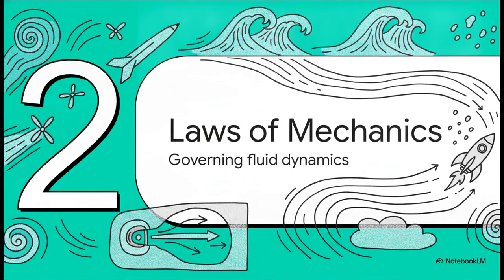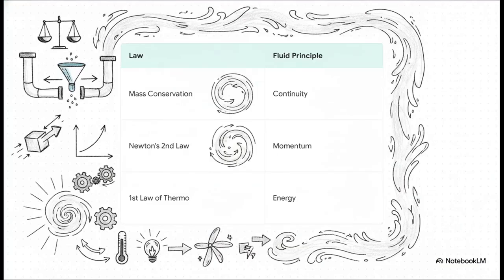Moving on to Section 2, 3 laws of mechanics, the absolute governing rules of fluid dynamics. You see, all of computational fluid dynamics is fundamentally anchored to 3 completely non-negotiable physical laws. First, mass is conserved. Simply put, what goes in must come out, which gives us our continuity equation. Second, Newton's second law, force equals mass times acceleration.